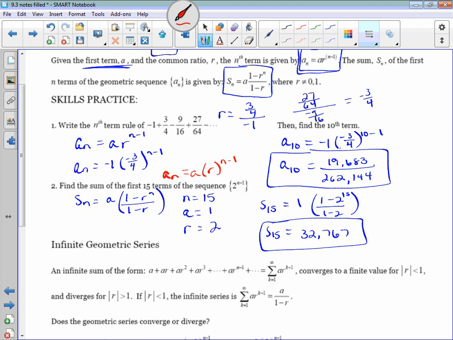So this right here, this 2 to the n minus 1, is 1 times 2 to the n minus 1. Do you see how the pieces match up now? So A has to be 1, R is 2.